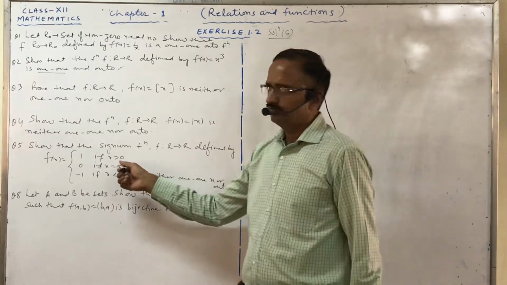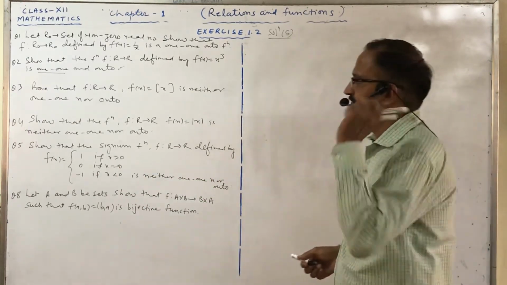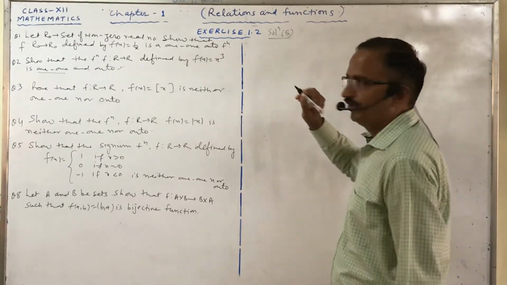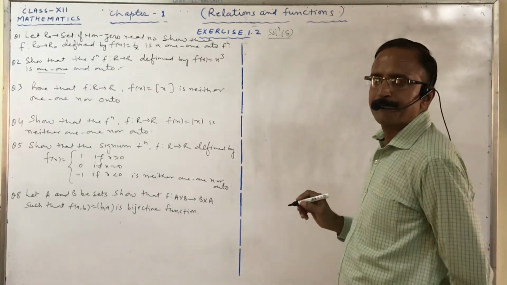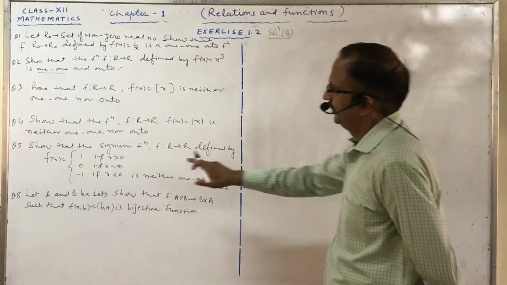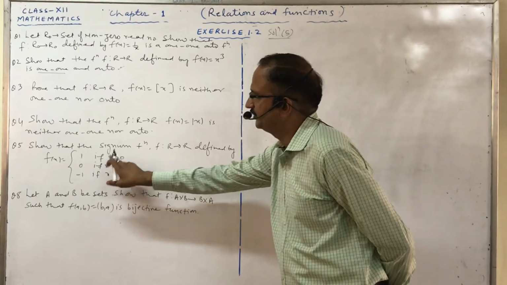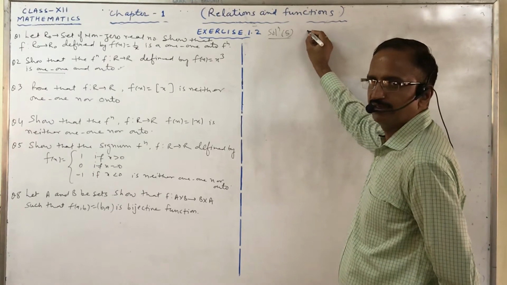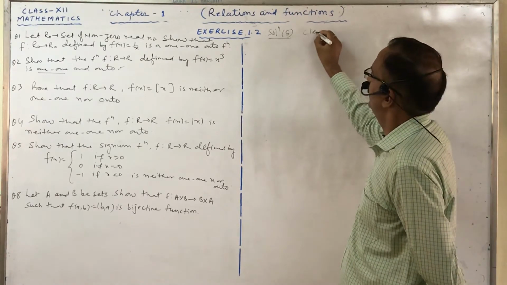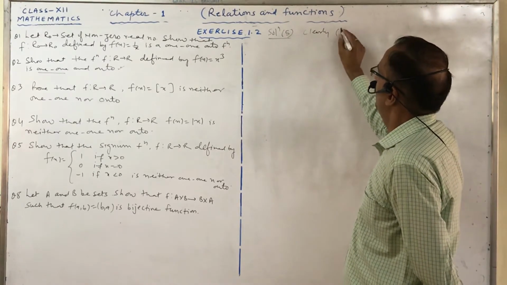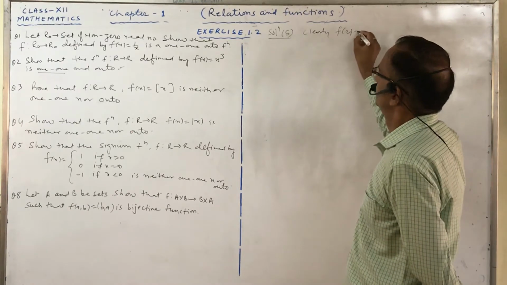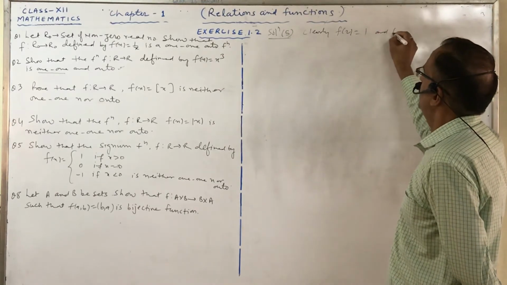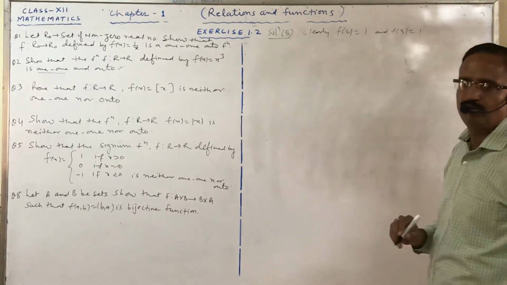Now start with this. We can consider two different elements of this. Suppose we consider 2 and 3. So we can write clearly f(2) equals 1 and f(3) equals 1.